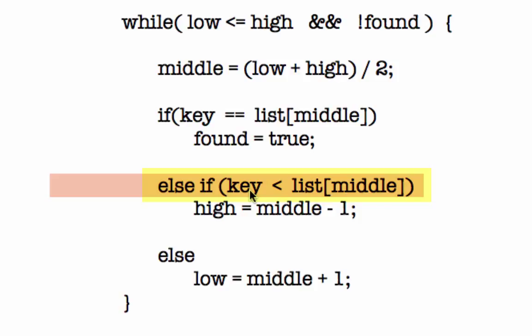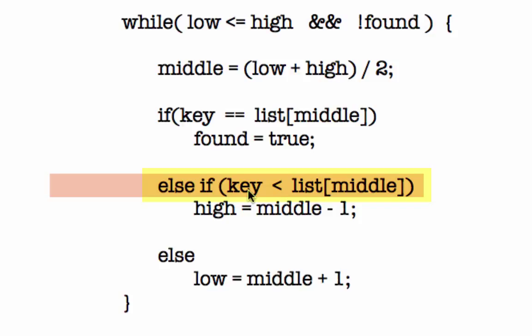And again, this could be true, this could be false. Think again of looking up a word in a dictionary. If you take the first half of the dictionary, you know the English alphabet, so you can tell immediately whether the word, the definition that you're looking for, is in the first half or in the second half of the dictionary.